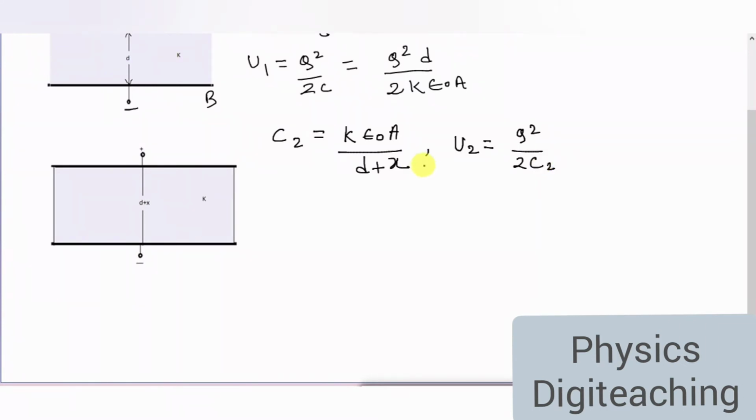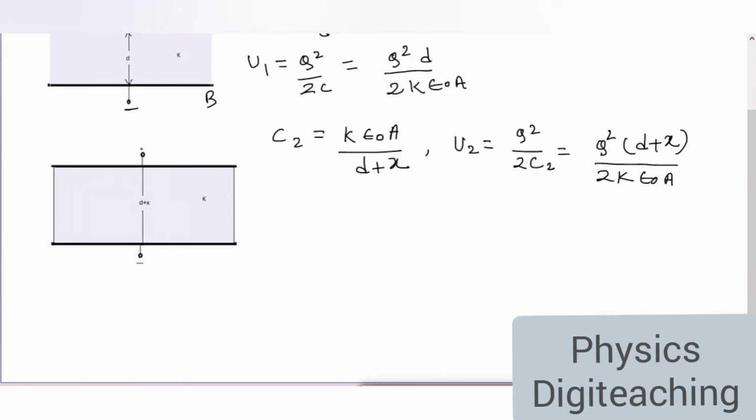We substitute the value of capacitance C2, therefore we get Q square into D plus X divided by 2K epsilon naught A.